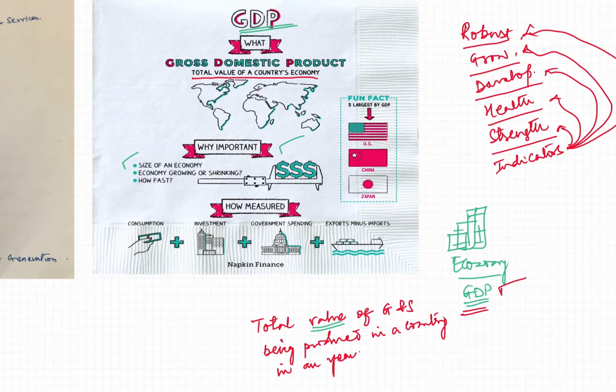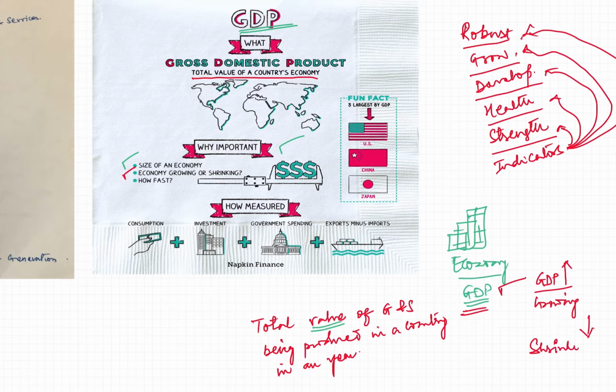Now, GDP reflects if the economy is growing or shrinking. If GDP is rising, it means the economy is growing, obviously. And if it is coming down, that means it's shrinking.